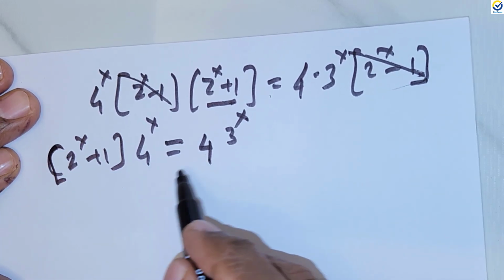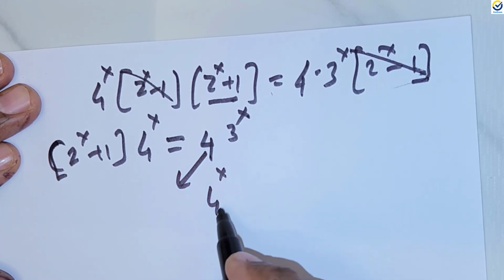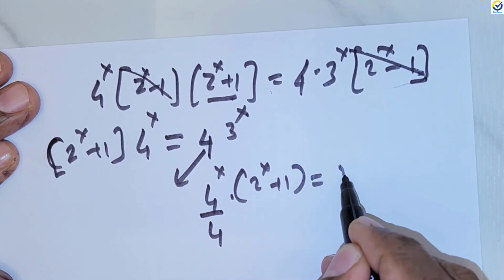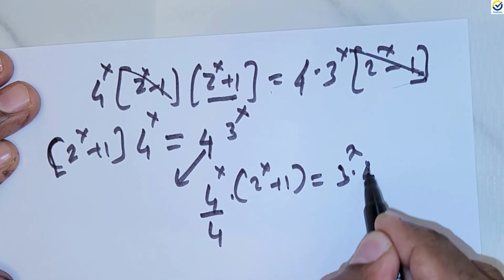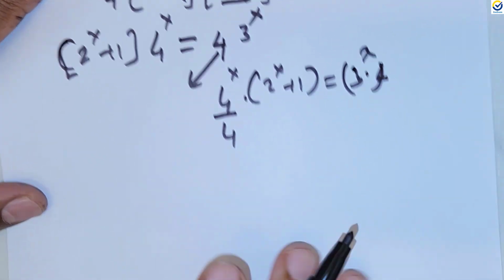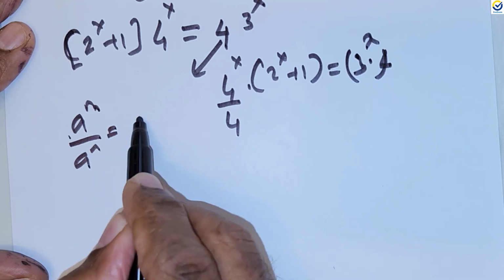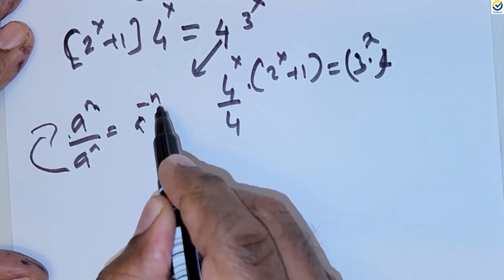Okay, so now I want to bring this 4 down. So that means I have 4 raised to the power of x times 2 raised to the power of x plus 1 divided by 4 is equal to 3 raised to the power of x. Now if we have something like a raised to the power of m divided by a raised to the power of n, I can move this to the numerator and rewrite it as a raised to the power of m times a raised to the power of negative n.